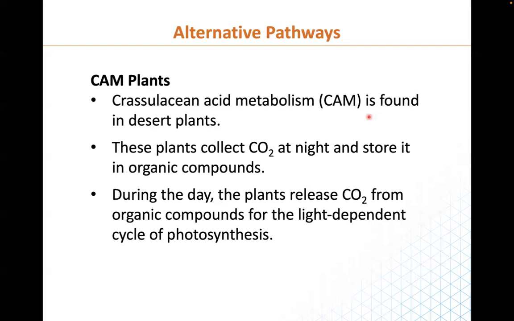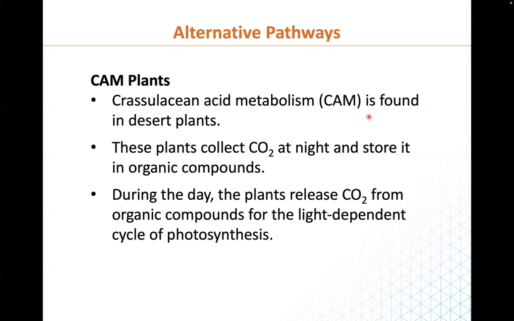The CAM plant, which stands for crassulacean acid metabolism, is found in desert plants. These plants collect the CO2 at night and store it in organic compounds. What does that mean? The stomata is the part of the plant underneath the leaf which helps to absorb gases, let gases leave, and also liquid.